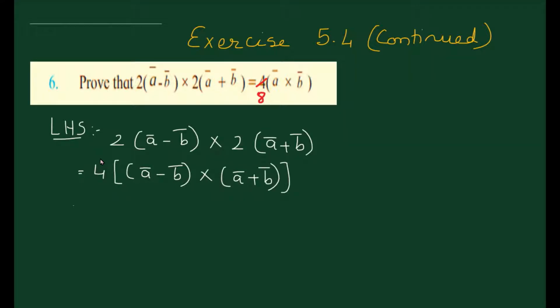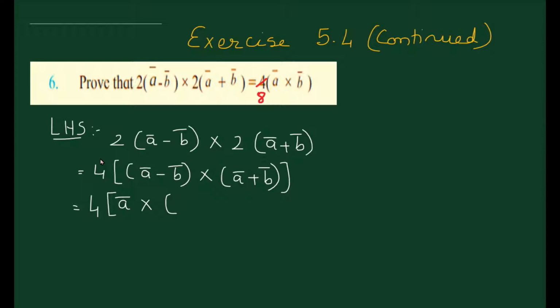Okay. Then in this case, when we take the cross product, it is just like multiplication. We multiply two brackets that way. But the only thing is the cross is not a multiply sign, it is a cross for the cross product.